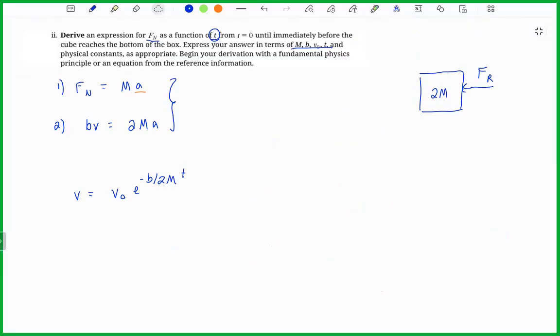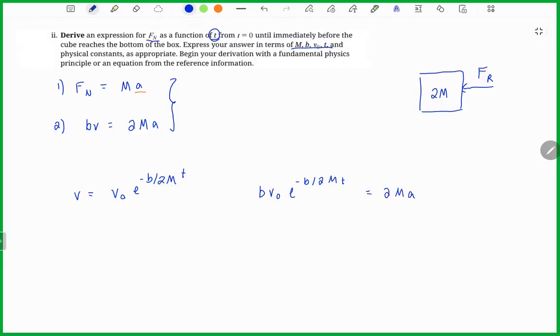We can state using equation 2. Obviously, we have two methods here, right? We can choose to differentiate this and get our acceleration, or more simply, we can plug into equation 2 such that b v naught e to the minus b over 2m t is equal to 2ma.